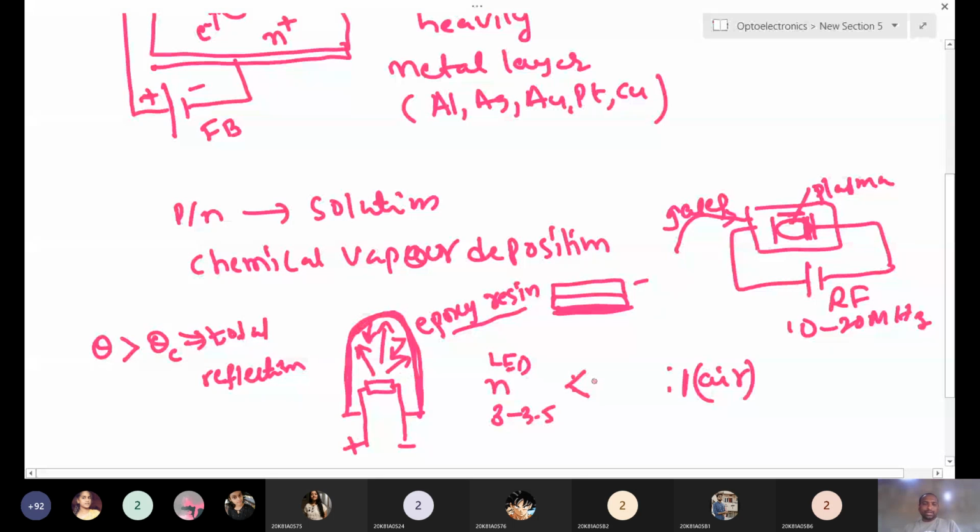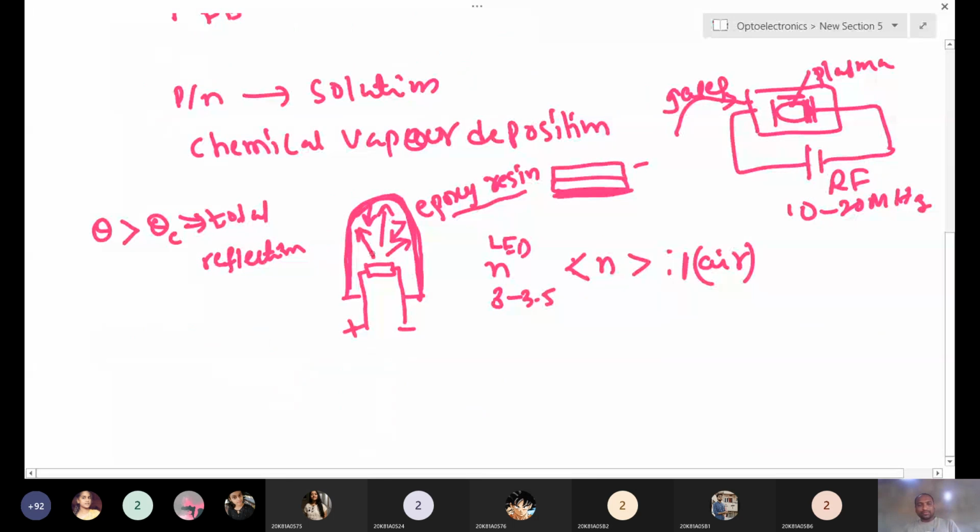So there is no total reflection. Whatever light is emitted from the LED comes out of the surface of the dome, we can clearly see the light, and we can reduce the photon losses.